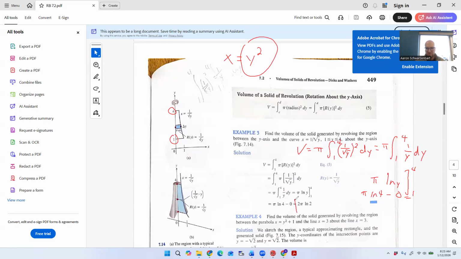So they did ln 4 as ln of 2 squared and brought the 2 in front. That's how they got 2 pi ln 2. They're the same value.